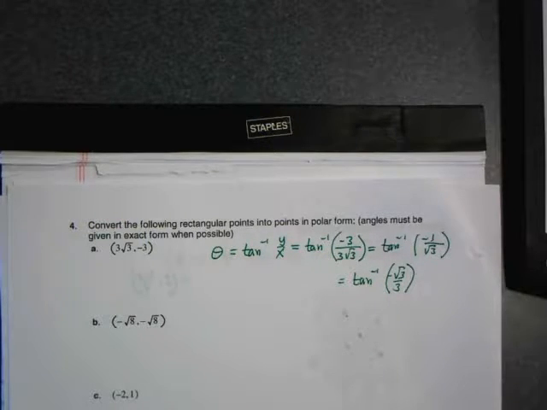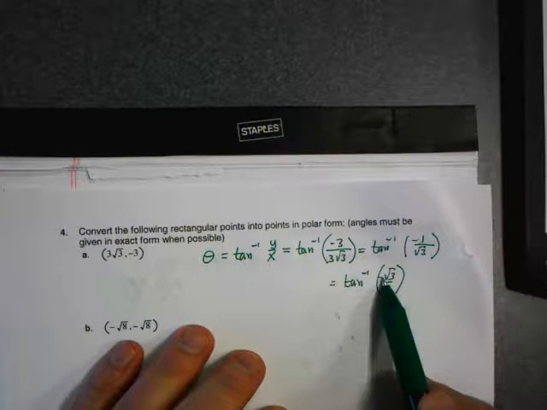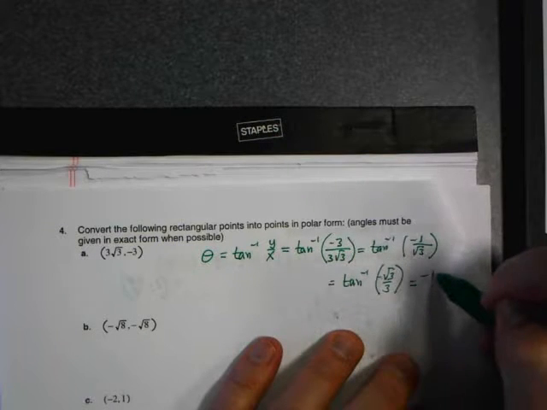What's tangent inverse of square root of 3 over 3? Pi over 6. I'm pretty sure it's pi over 6 too. It is, except this negative is going to do what? Make it negative. It's going to put it in quadrant 4. So our angle is negative pi over 6.